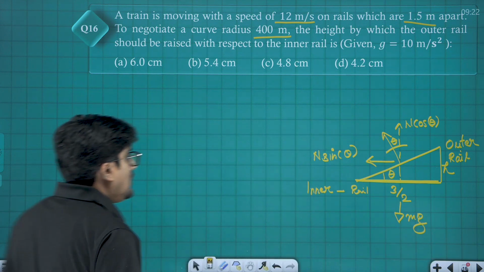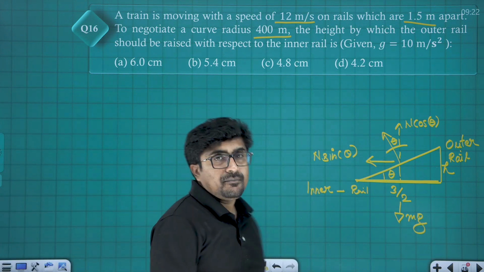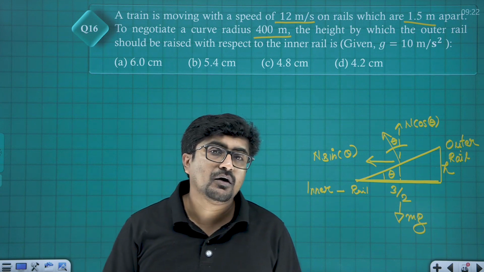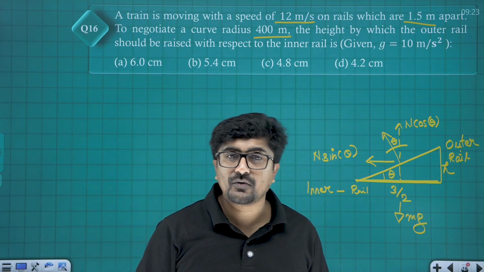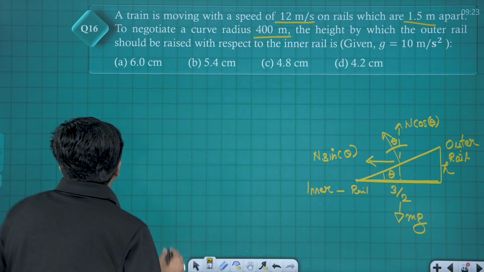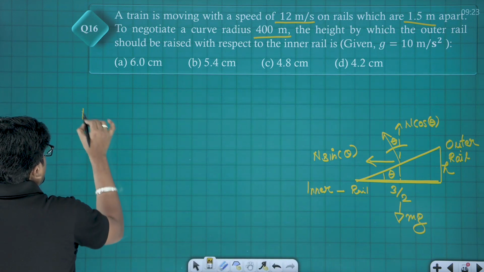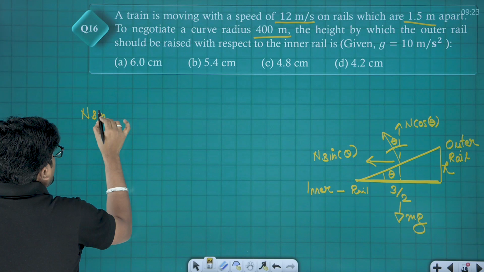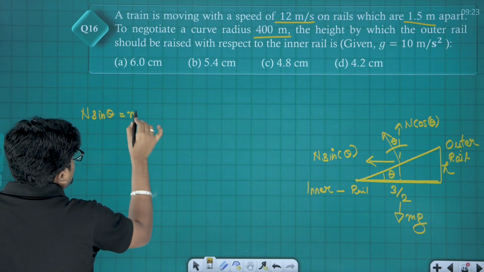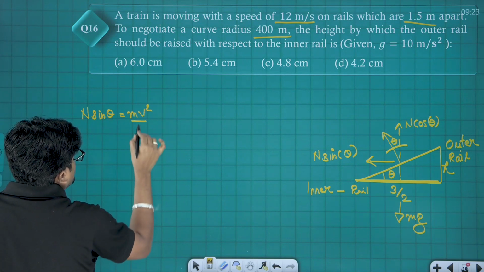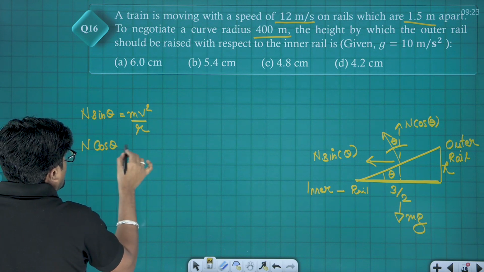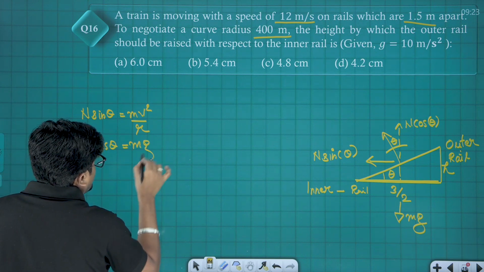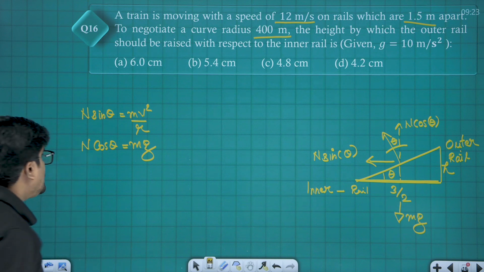N sin theta is the one which provides the necessary centripetal force, that is mv square by r. So n sin theta offers mv square by r, and n cos theta balances the weight, that is m into g. Let me take the ratio.